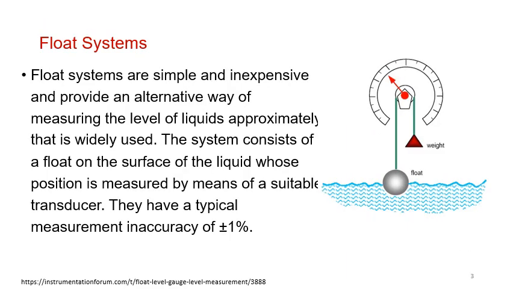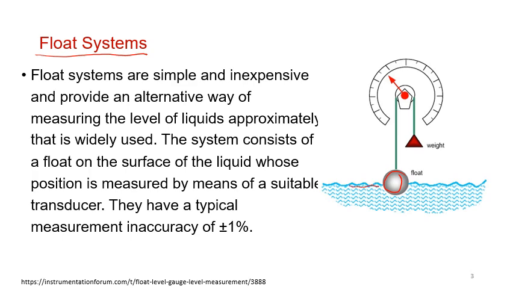Here is another method to measure the level of liquid: the float system. In the float system, we have a float which is placed on the surface of the liquid to be measured.